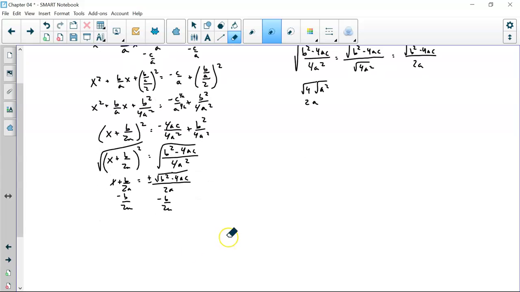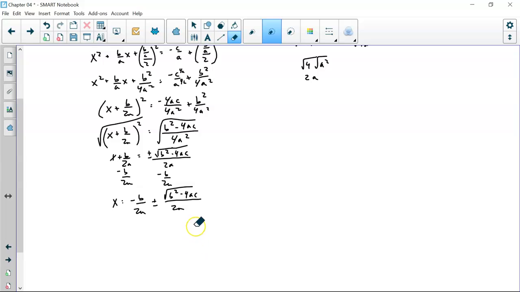And what I get is x equals negative b over 2a plus or minus the square root of b squared minus 4ac over 2a. And since these both have the same denominator of 2a, x equals negative b plus or minus the square root of b squared minus 4ac, all divided by 2a.